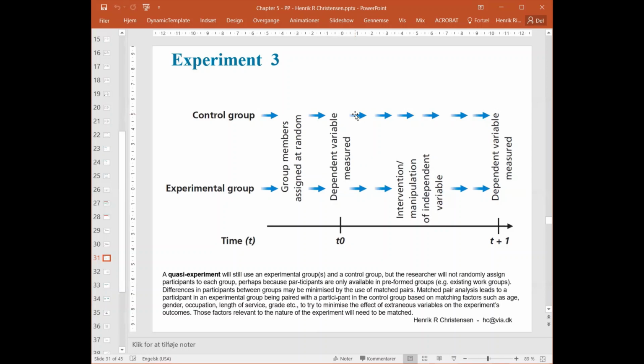And then down here at the experimental group, between time 0 and time 1, we have an intervention, or we manipulate with the independent variable. And that means we are manipulating by introducing free lunch for everybody in the experimental group.